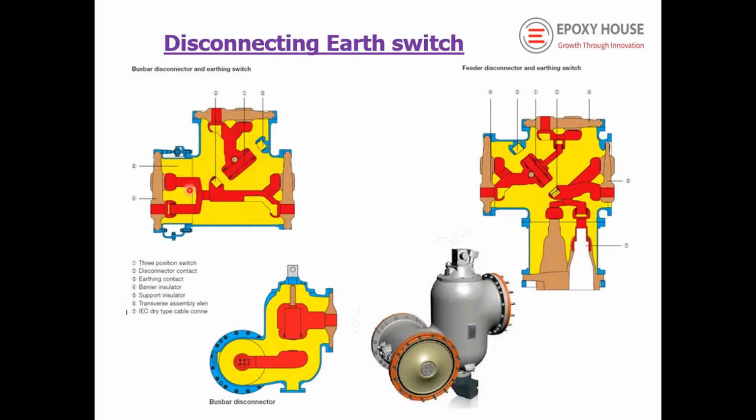These disconnecting air switches are mainly used on the bus bar and feeder, both sides. On the circuit breaker feeder side it is there, and on the bus bar side also. In certain cases where the bus bar does not need an earthing switch, people can manufacture the disconnector only, without the earth switch on the bus bar side.